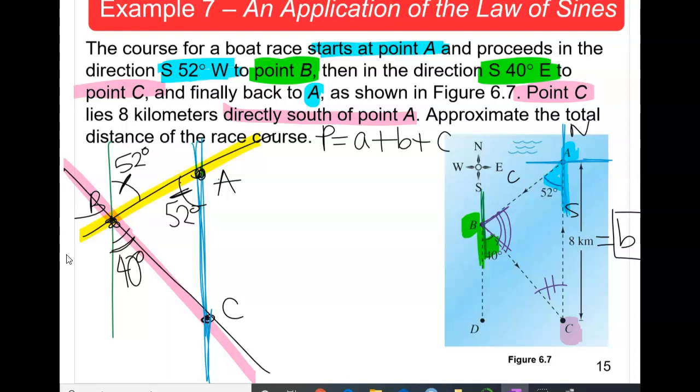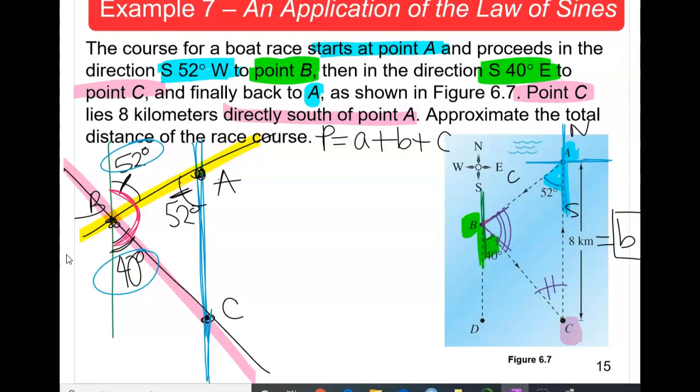We know that this angle is 52 and this one is 40, and we do have here a straight line, the north-south line. So if we consider the straight angle here, that should add up to 180.